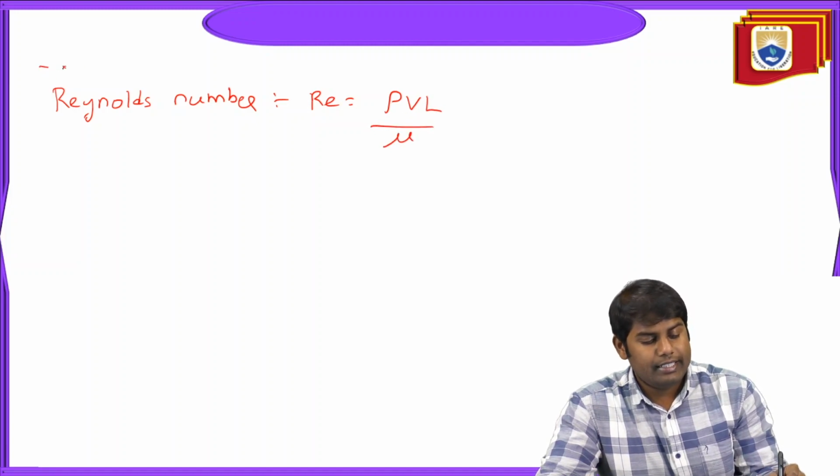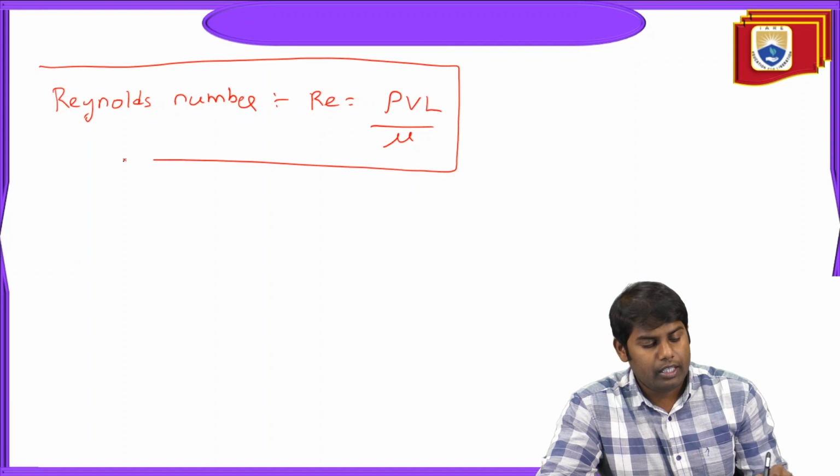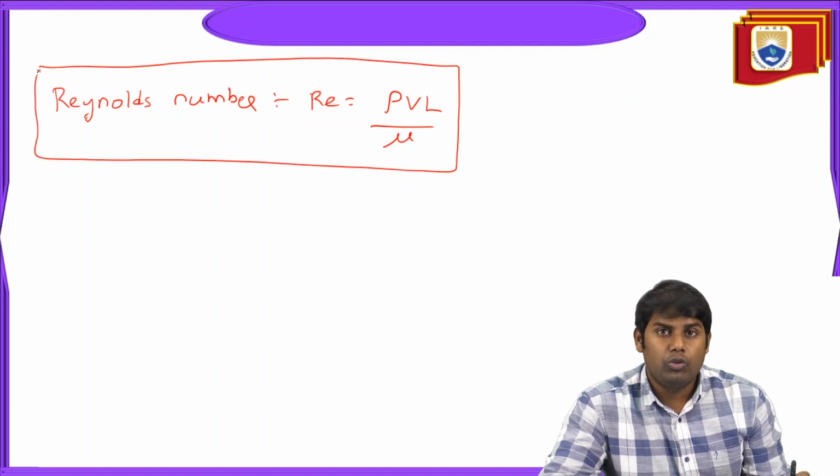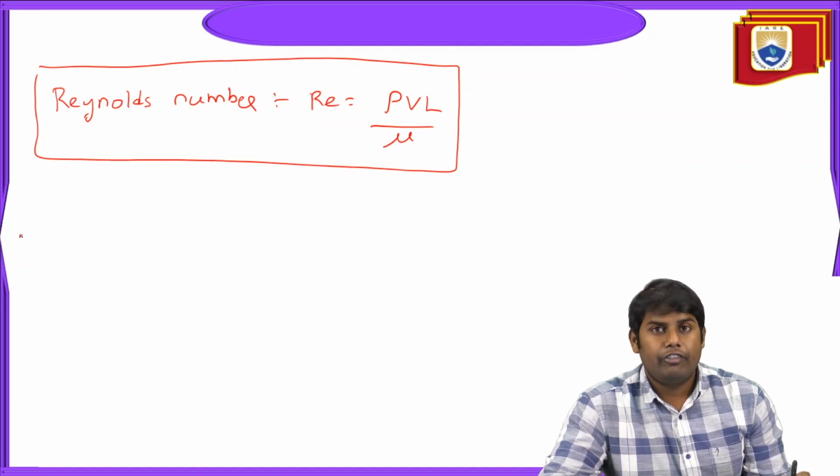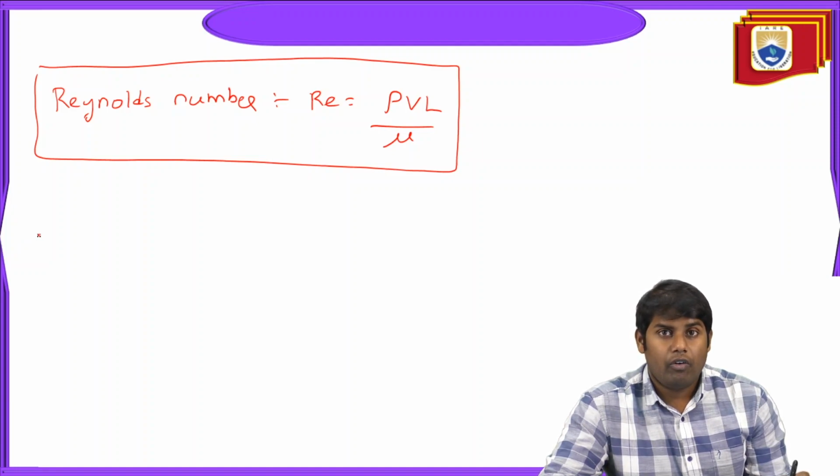This is one of the key parameters, used as a non-dimensional parameter with which we can compare the experimental and numerical results. There is a similarity theorem called dynamic similarity. If we have bodies of the same shape but different size with the same Reynolds number, we can compare those results.